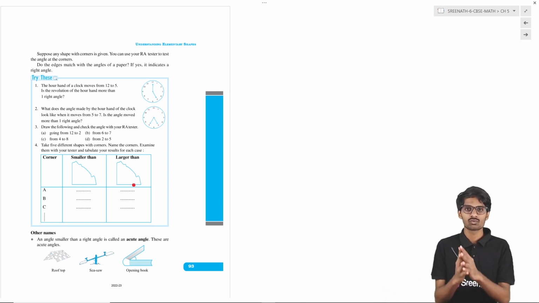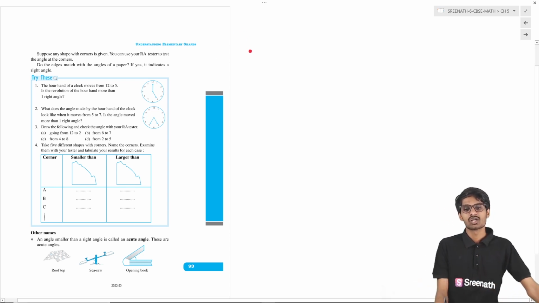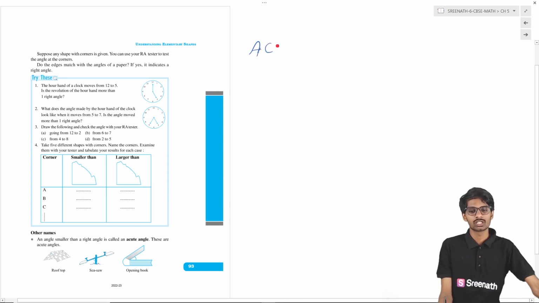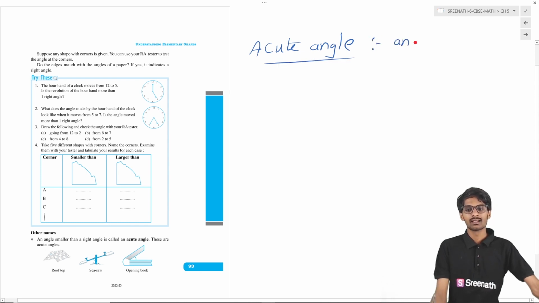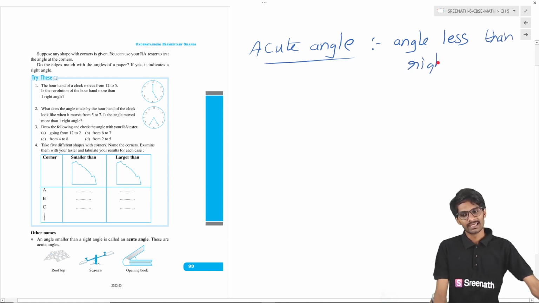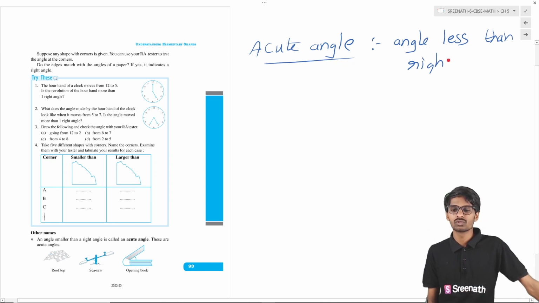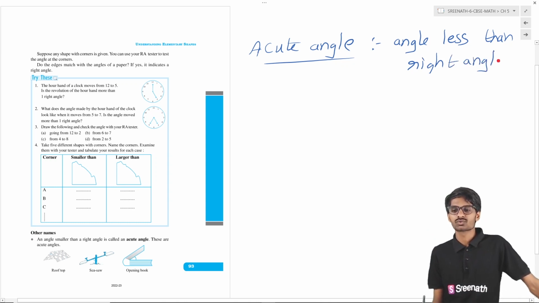So what do we call those angles? We have differentiated them into three groups. One is the acute angle. Acute angle means an angle less than a right angle. Any angle which is less than a right angle, we call it an acute angle, students. The next is the obtuse angle.